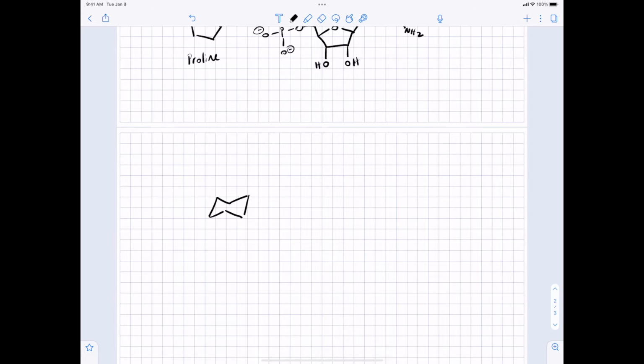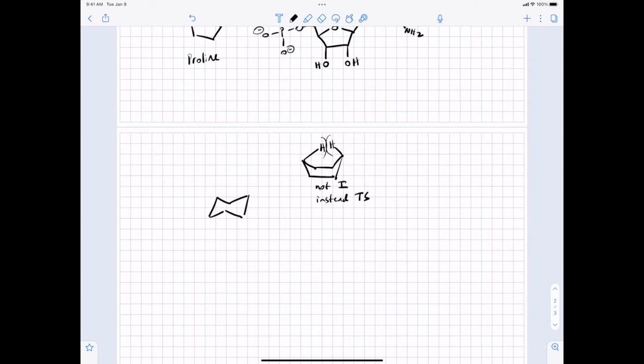So here's one of the chairs, and then they tell you, well, the high energy conformation is like this, and you have these two hydrogens that bump into each other. Does that sound familiar? Have you heard that before? It turns out that this is not an intermediate. It is a transition state.